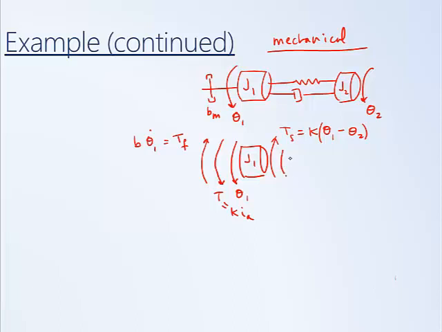Similarly, we'll also have a torque due to the damping in the shaft, except here the torque is proportional to the relative speeds, the difference in the relative speeds of the two ends of the damper. So this is the free body diagram for J sub 1.